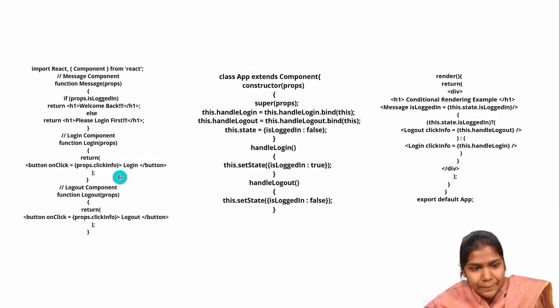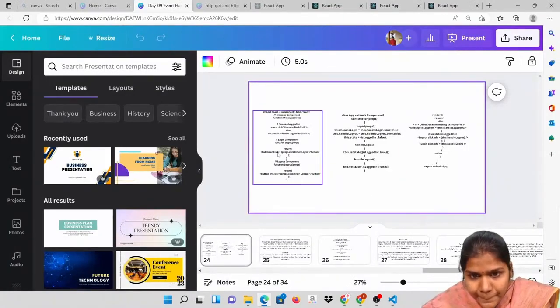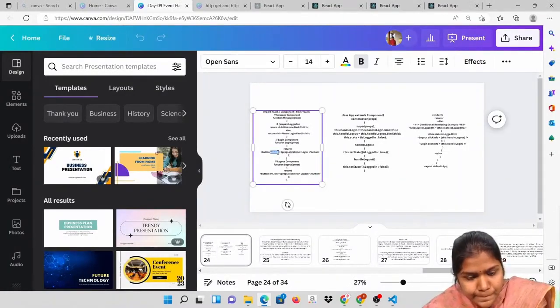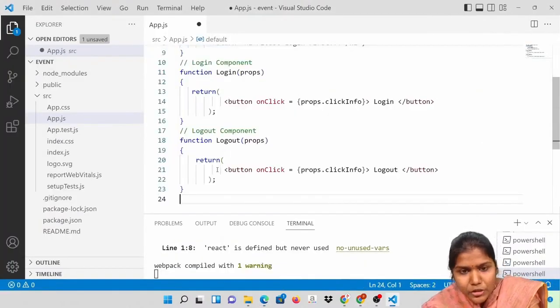Conditional rendering example. Let us check with this example in the app.js file.